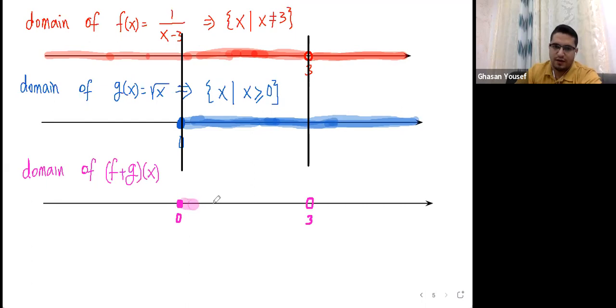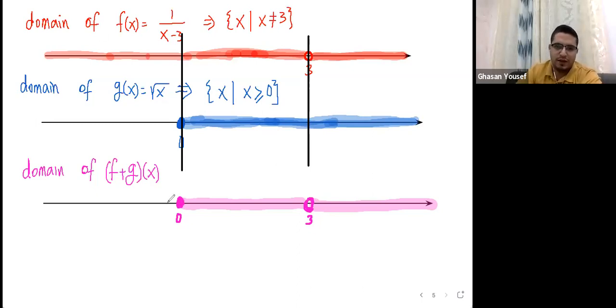So I can graph it like this: all numbers greater than 3, and all numbers starting from the 0.